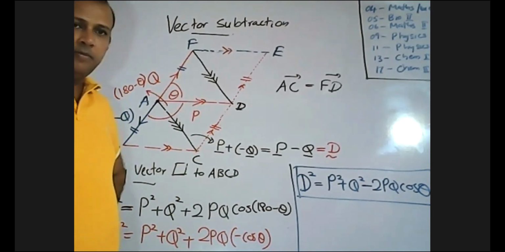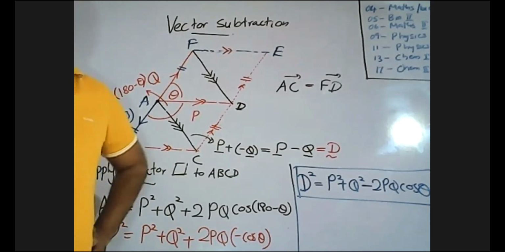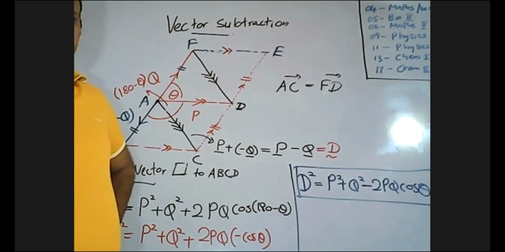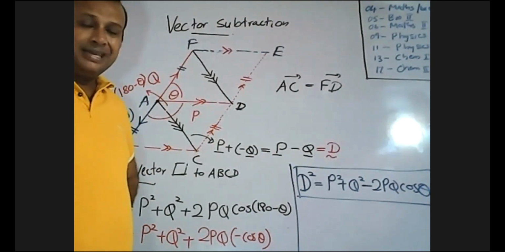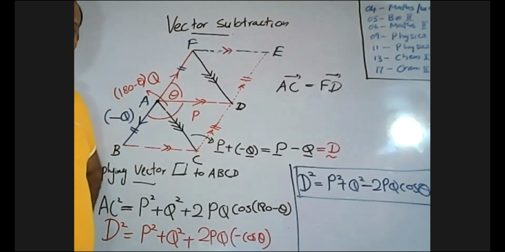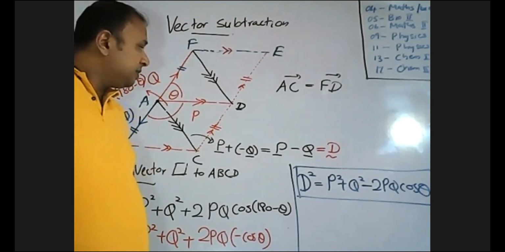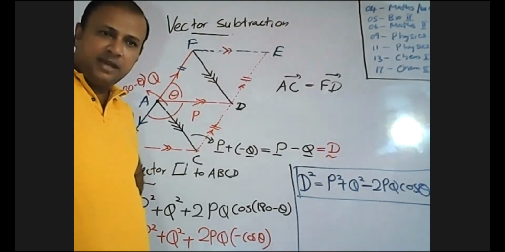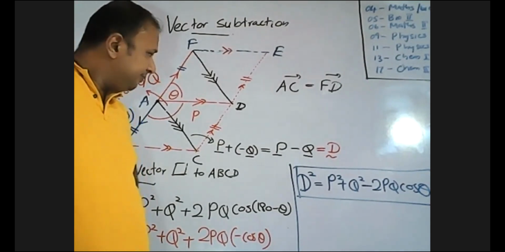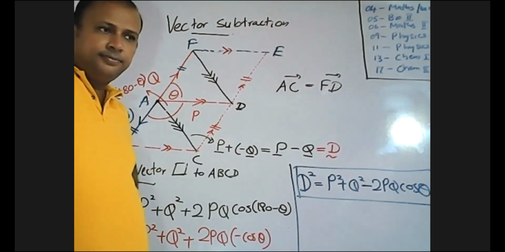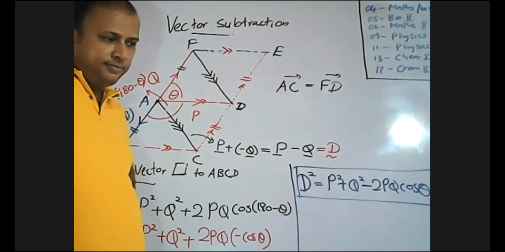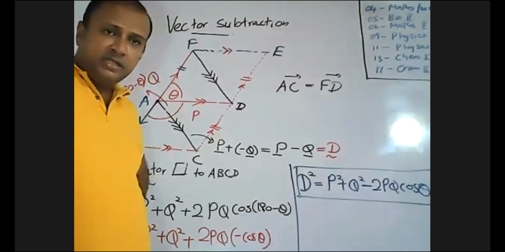Step number one: construct the minus Q vector acting at point A.